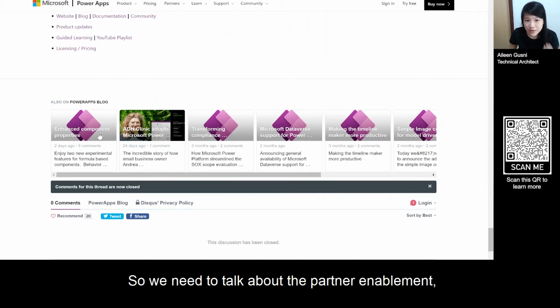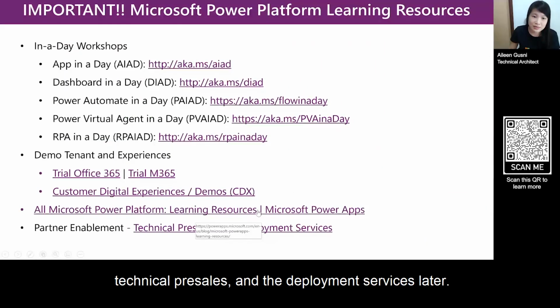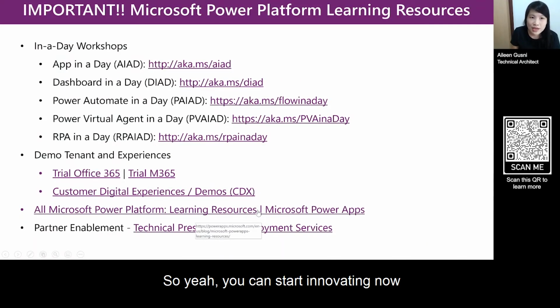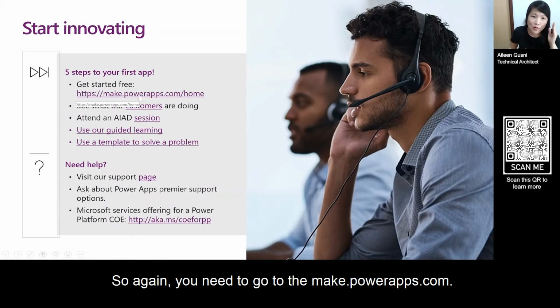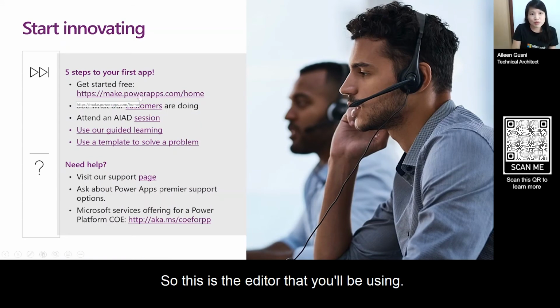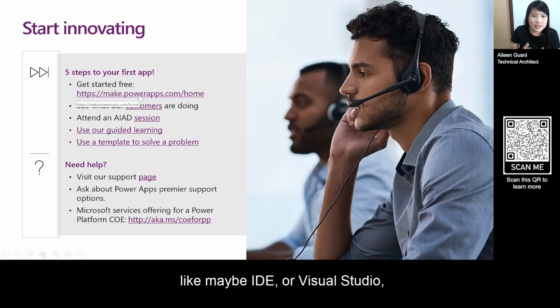So we'll talk about the pattern enablement, technical pieces, and the common services later. So, yeah, you can start innovating now by creating your application. So again, you need to go to make.powerapps.com. So this is the editor that you'll be using. You don't even need another editor like an IDE, like Visual Studio or other things, right?